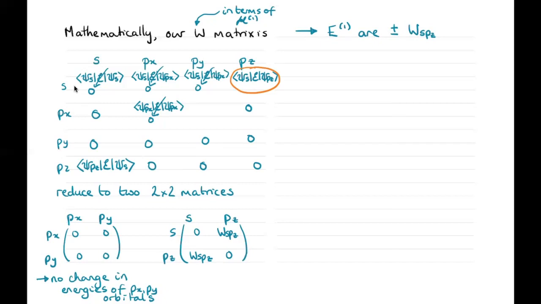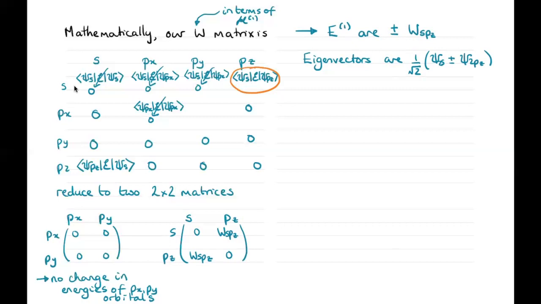If I then substitute back and solve for the eigenvectors, I'll find that the eigenvectors are 1 over root 2 times the wave function of the s orbital, plus or minus the wave function of the 2pz orbital. The 1 over root 2 is for normalization, of course. So this is exactly what we obtained just by intuition.